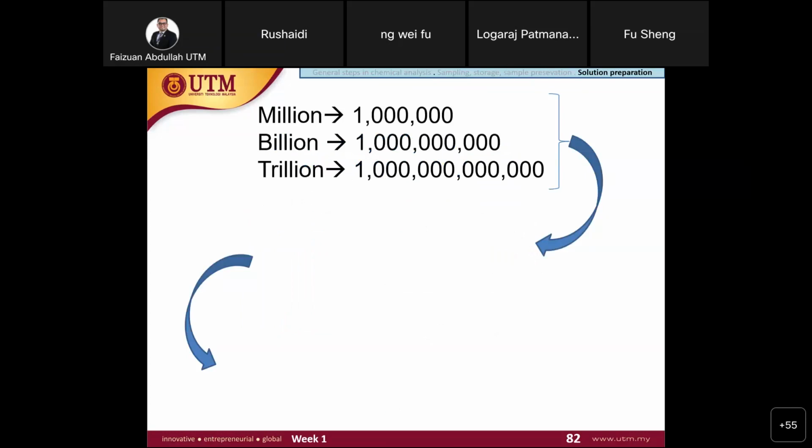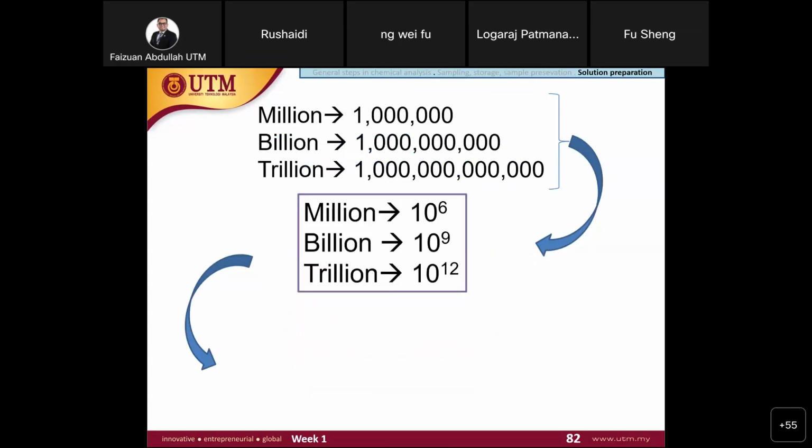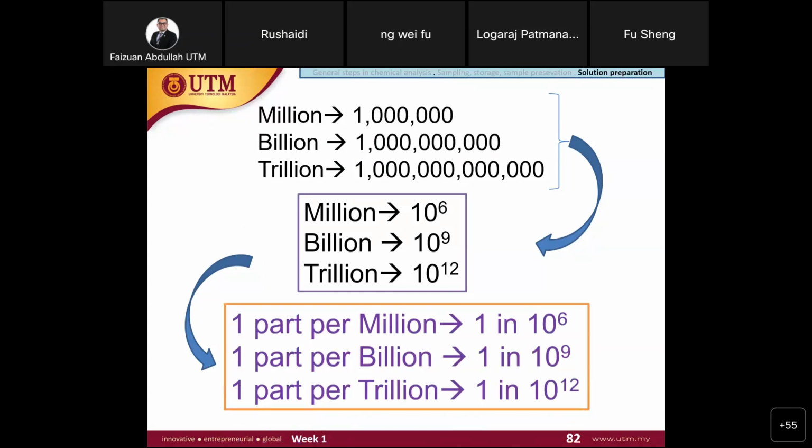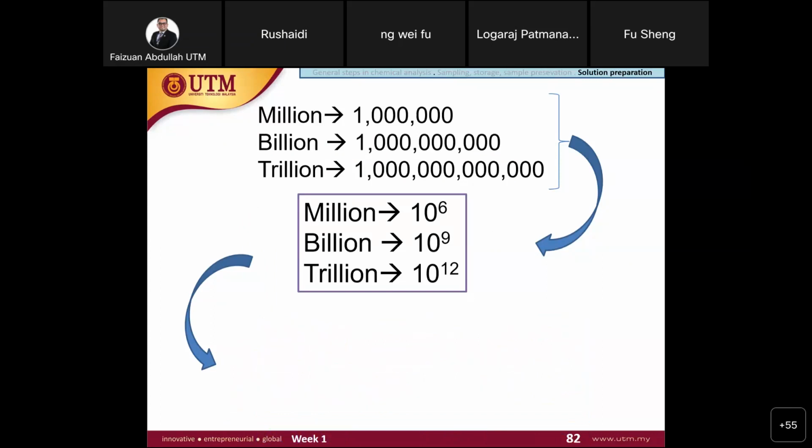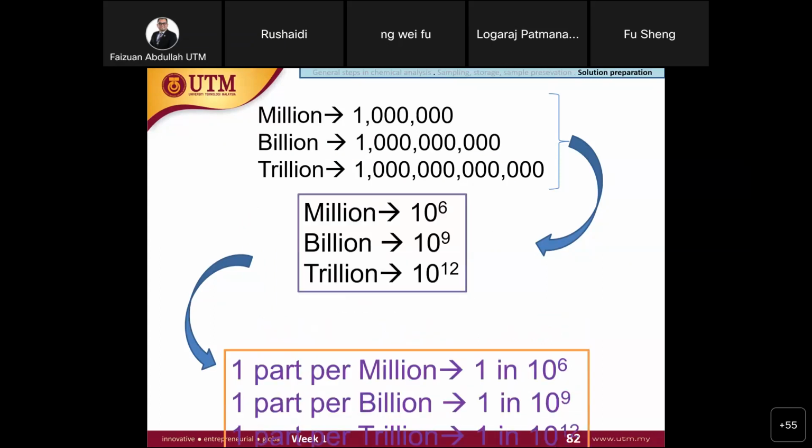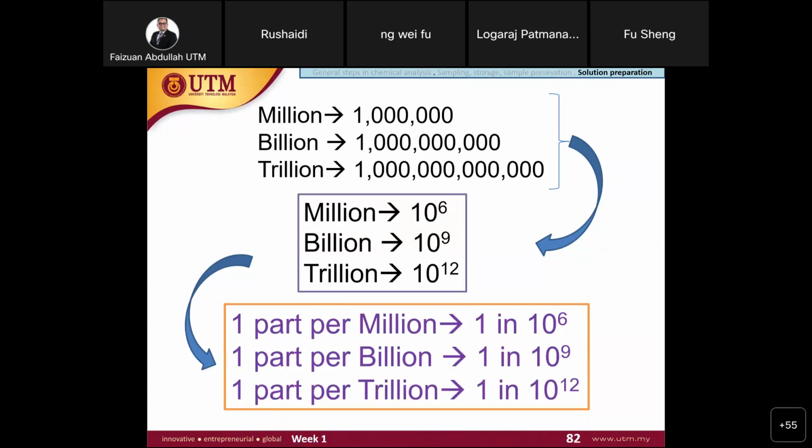So that is the basic thing about million, billion, and trillion: 10 to the power of 6, 10 to the power of 9, and 10 to the power of 12. So 1 part per million means 1 in 10 to the power of 6. 1 part per billion is 1 in 10 to the power of 9, and 1 part per trillion is 1 in 10 to the power of 12.